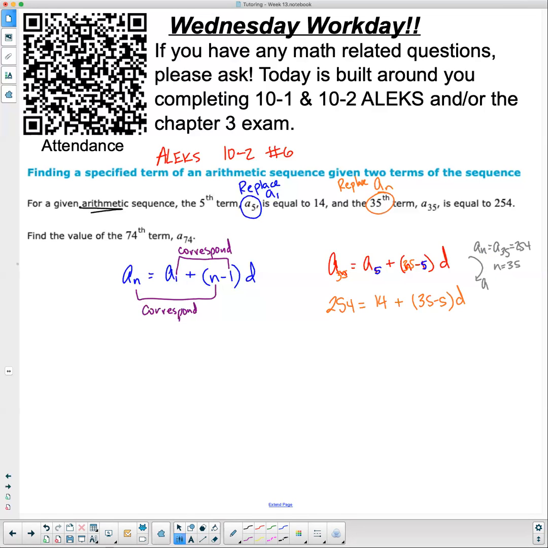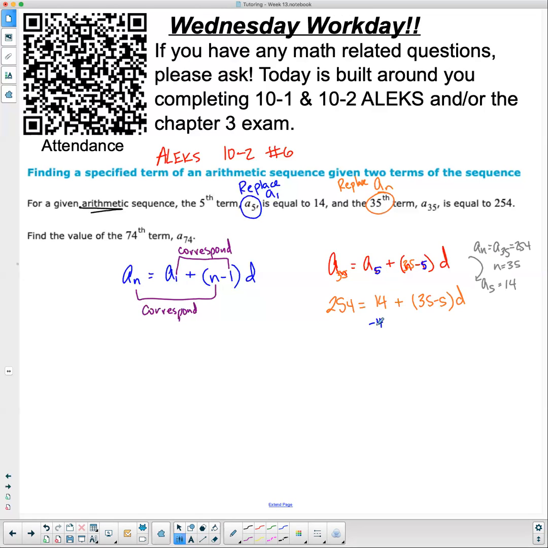And I changed A1 to an A5, and then substituted 14 in its place. So that's what I entered in: 254, 14, and a 35. I can solve this by hand, or I could use Desmos. I'll just do it by hand here.